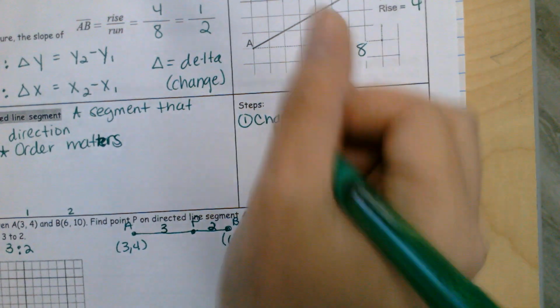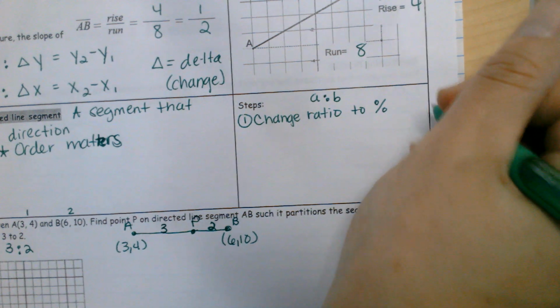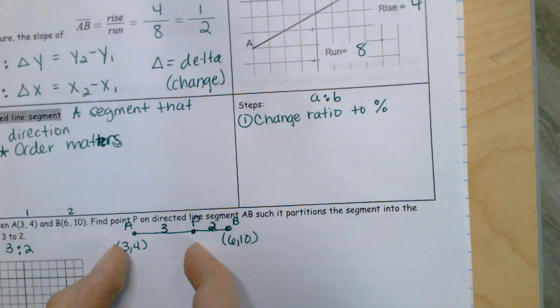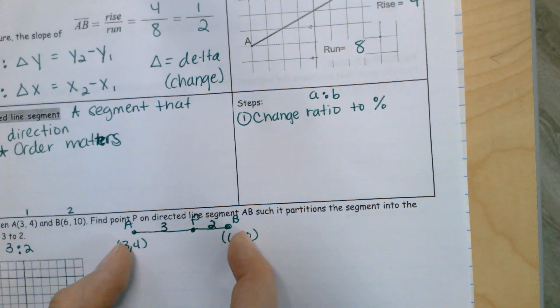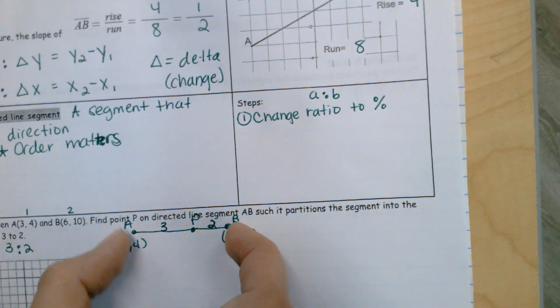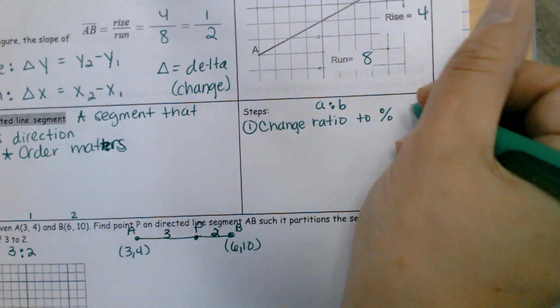Your ratio is typically given as A to B, and so we would change that to 3 out of how many? How would I write this as a percent of the way or a fraction of the way? You would take the part that you're trying to divide it by, which is 3, over how total it is. 5. So how did we get 5?